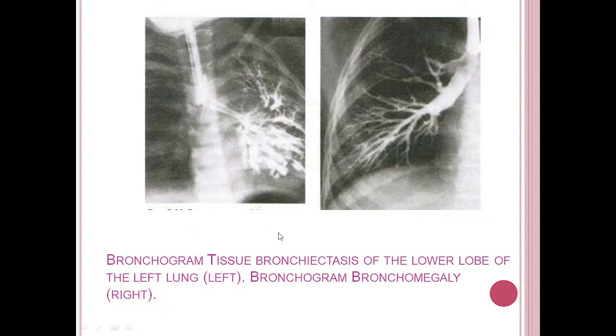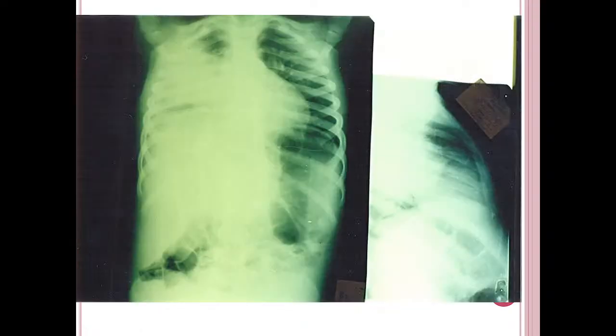And you see a bronchogram in these pictures, just a picture of the bronchial tree of the lung. Here you see an X-ray picture of babies.